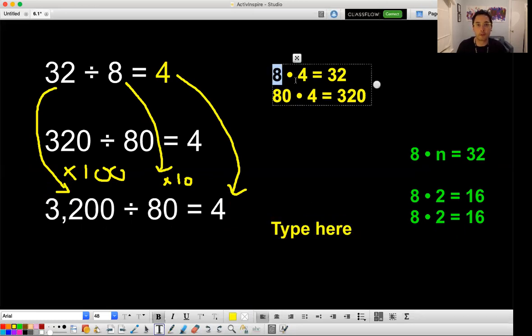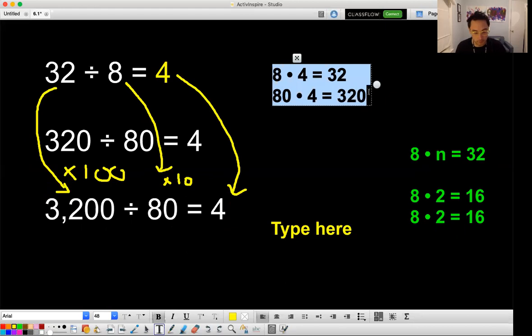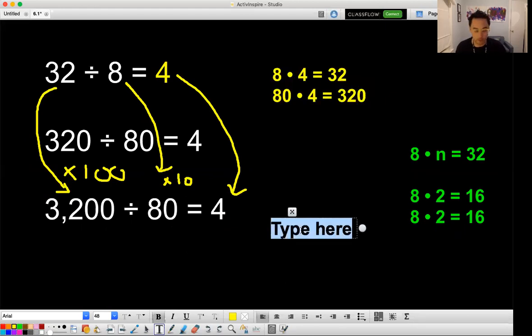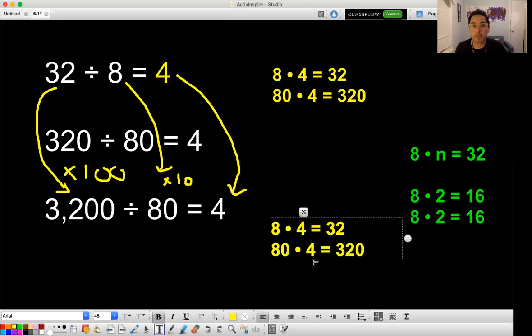If 8 times 4 is 32, then what would we need for 3,200 and then 80? 80 times 4 would be 32 with 1 zero, but we need it to have 2 zeros.